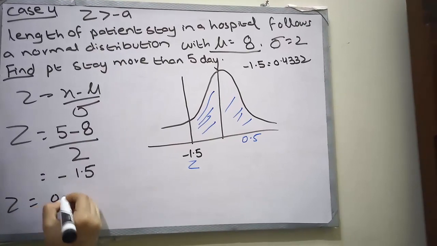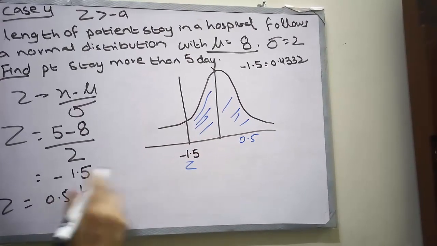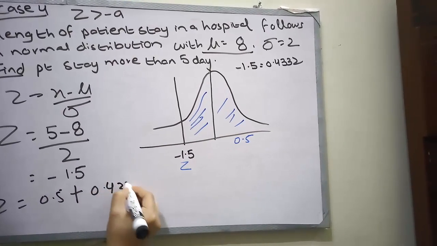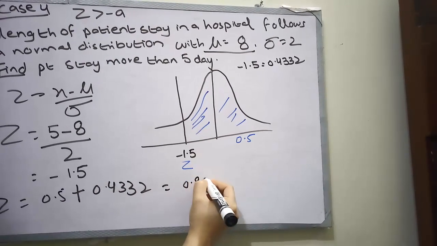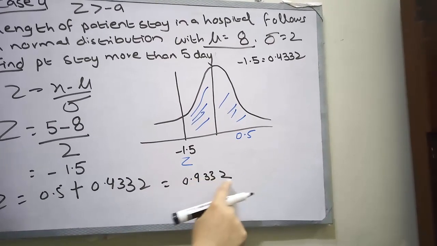We will add this value 0.5 plus the value of 1.5, which is 0.4332, equals 0.9332. So this would be equal to 0.9332.